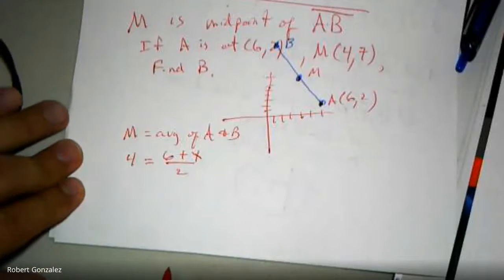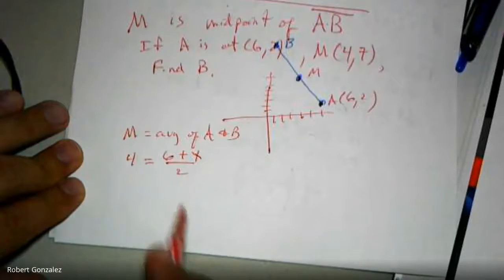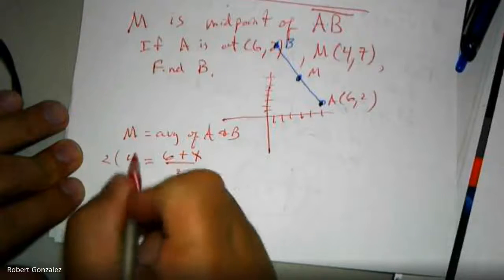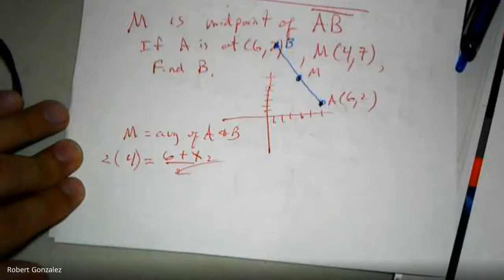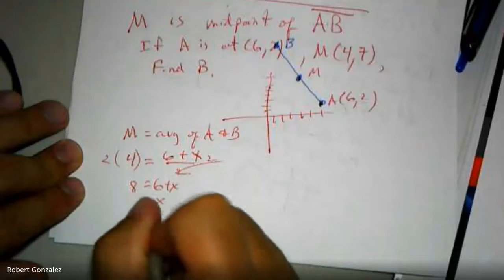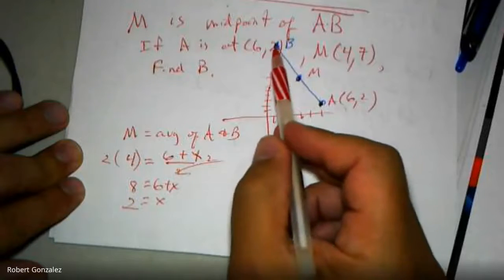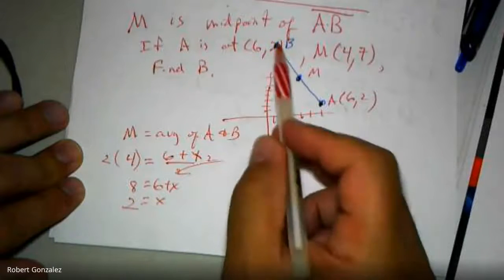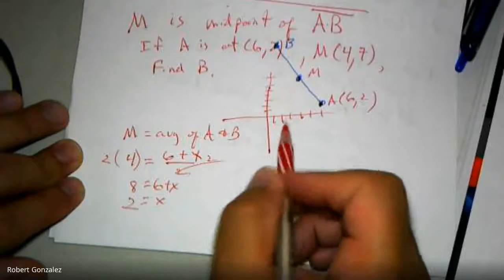We have to solve this equation. Multiply by 2, and I get 8 equals 6 plus x, so x equals 2. That looks about right. The x coordinate of B is about 2.